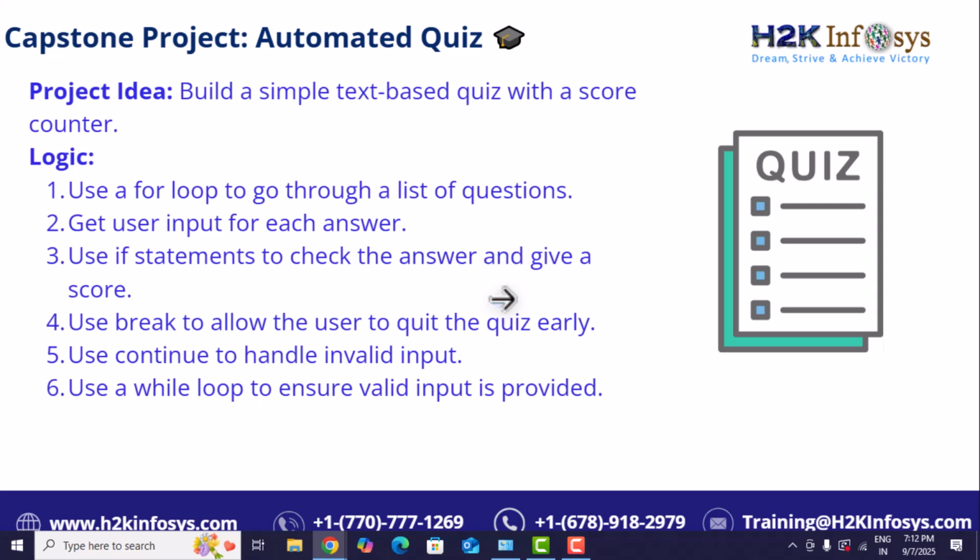Check the user's answer with the answers which you have already defined. If it is matching, then increment the score, or you can print invalid input and make use of continue. All those things you can use to design it.